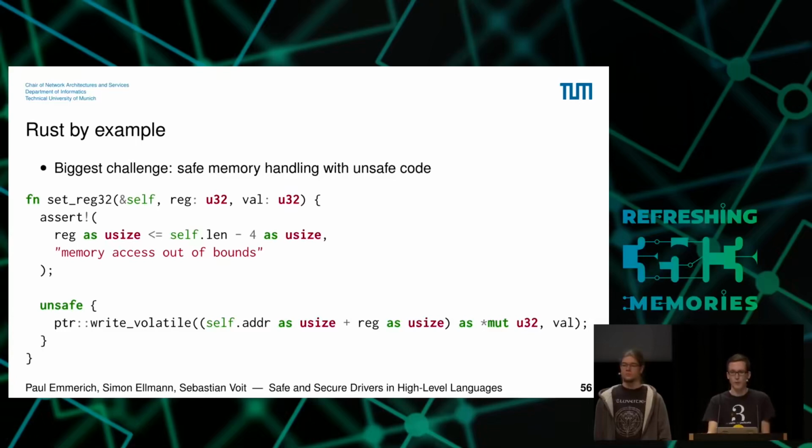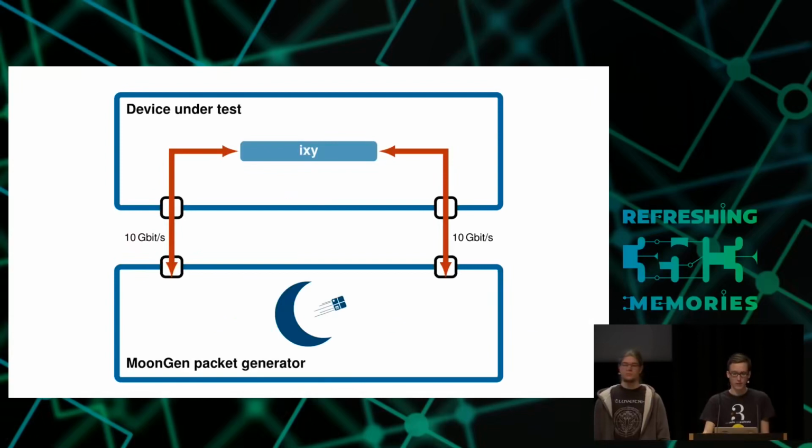So we have some great code, but is it fast? Well, to find that out, we set up a testbed to benchmark our drivers. We have two servers, a packet generator and a device under test. They are connected bidirectionally with two 10 gigabit per second connections.